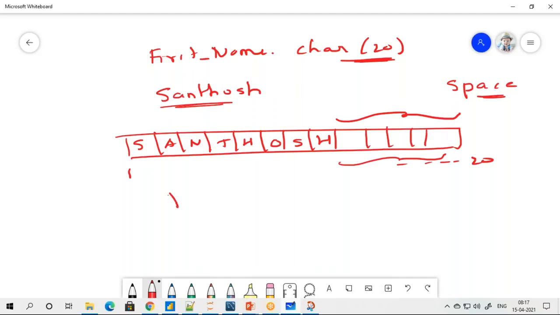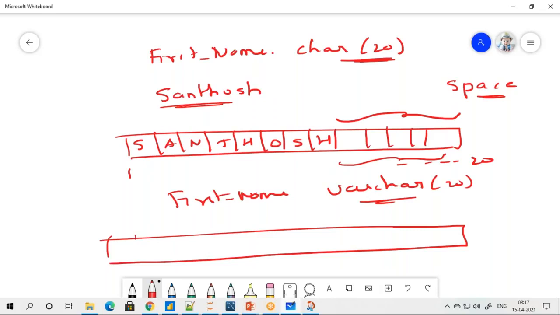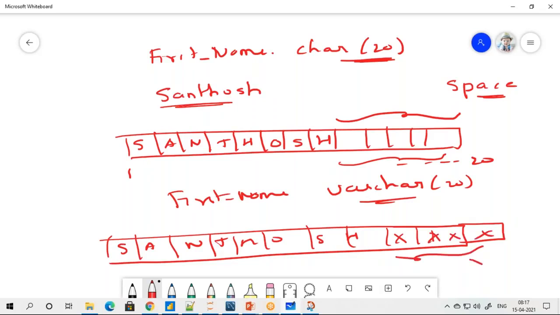Now the same thing, varchar of 20. Out of this 20, if I give Santosh, the empty spaces will not be utilized at all. It is not even going to store a space. By this I am saving the memory.